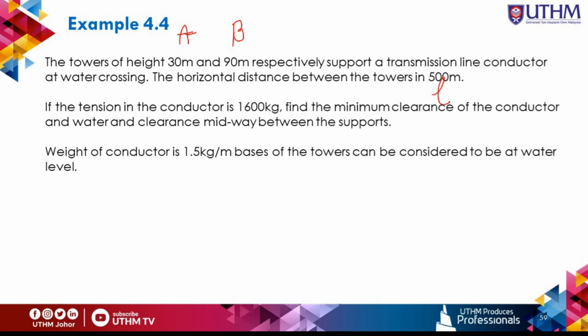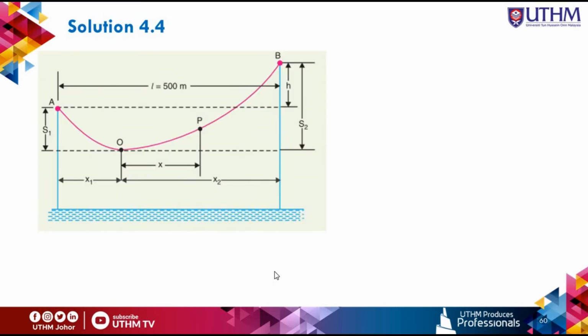If the tension in the conductor is 1600 kg, find the minimum clearance of the conductor and water, and the clearance midway between the supports. The weight of the conductor is 1.5 kilograms per meter. Bases of the towers can be considered to be at water level. This is the solution for 4.4.